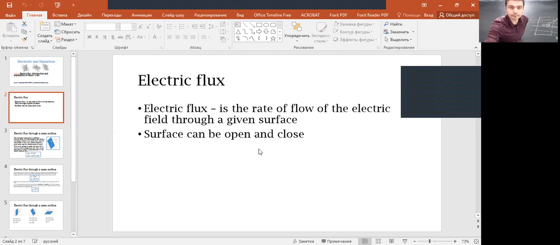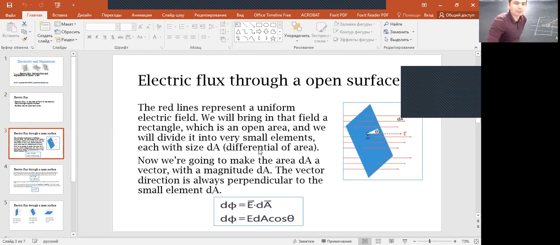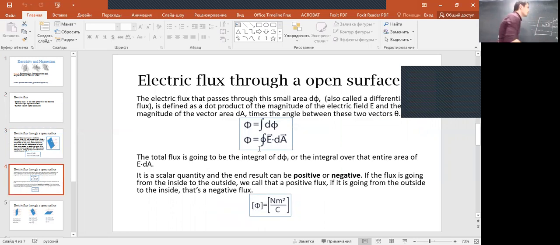And now we have the total flux. Now we should find the total flux. How? If we take the integral, we get the total flux or net flux. The total flux is equal to the integral of E multiplied by dA.